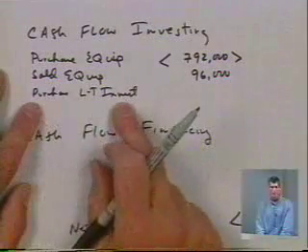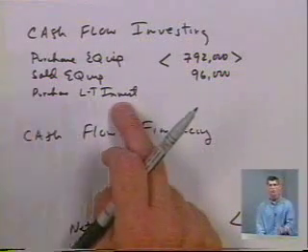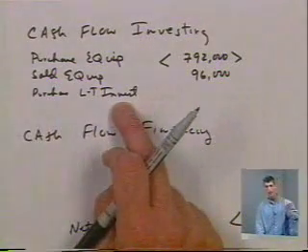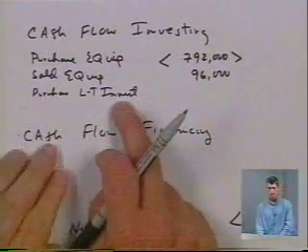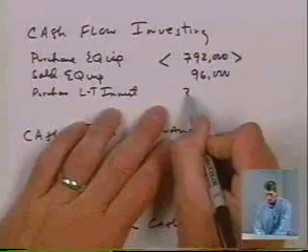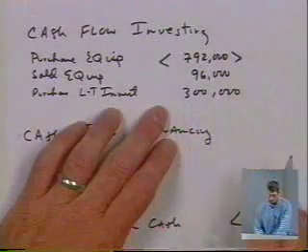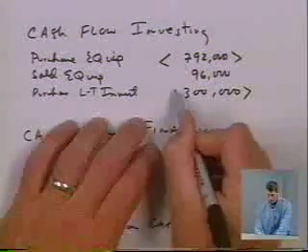What's an example of a long-term investment? They could be purchasing land for a future site. They could be, theoretically, buying another company. They could be buying almost anything. In any case, $300,000 was the amount that is a cash outflow.